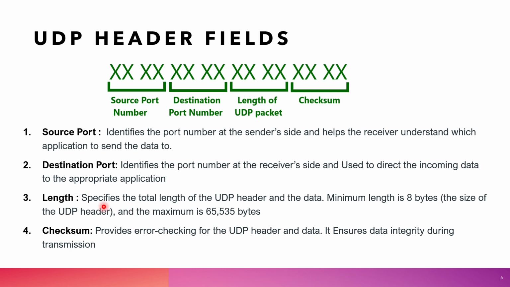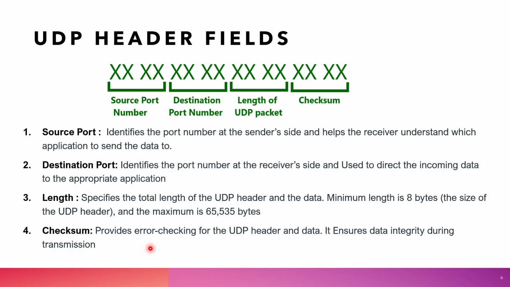The minimum length of a datagram can be 8 bytes, which contains only the header. So this is basically the concept of length. To understand the concept of length in detail, let's consider an example where you have sent a short message over UDP with a size of 28 bytes, which contains 8 bytes of header and 20 bytes of data.